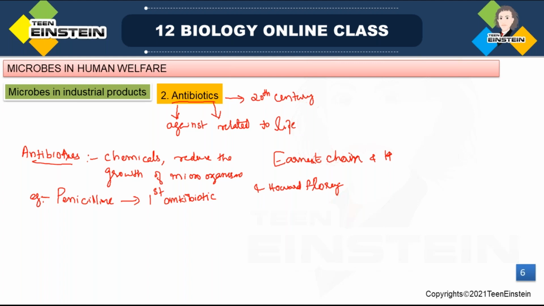With this penicillin, they got the Nobel Prize in 1945 for discovering this effective antibiotic. Which antibiotic? Penicillin.